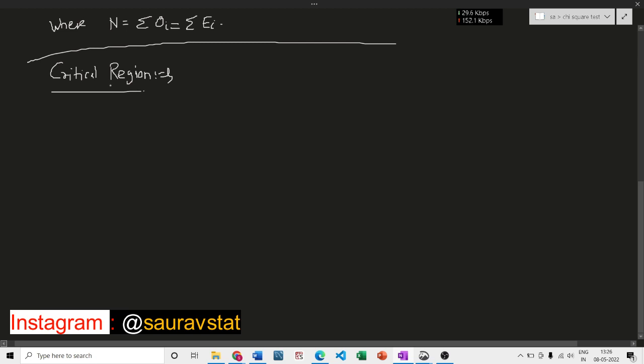In this case, your critical region will be the probability of chi-square greater than chi-square alpha, which equals alpha. That means you have to just find the value of chi-square alpha.